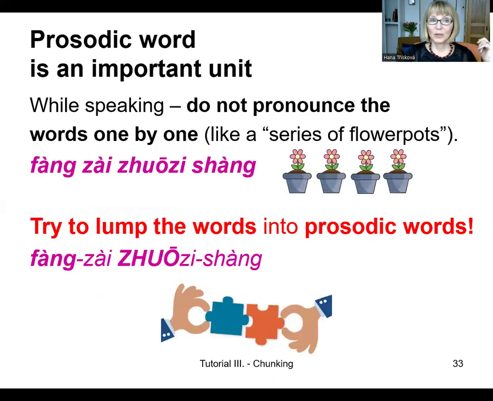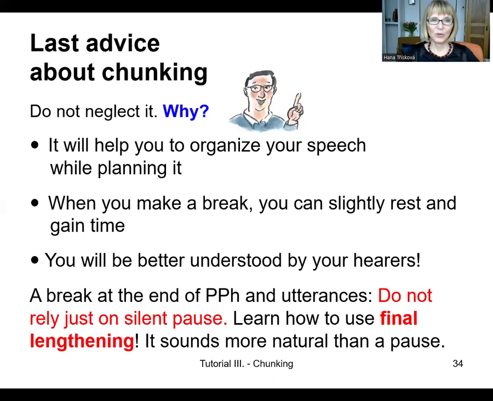So, prosodic word is an important unit, and while speaking, please do not pronounce the words one by one like a series of flower pots, as we talked about in the first tutorial, but try to lump the words into prosodic words. 放在桌子上，放在桌子上.